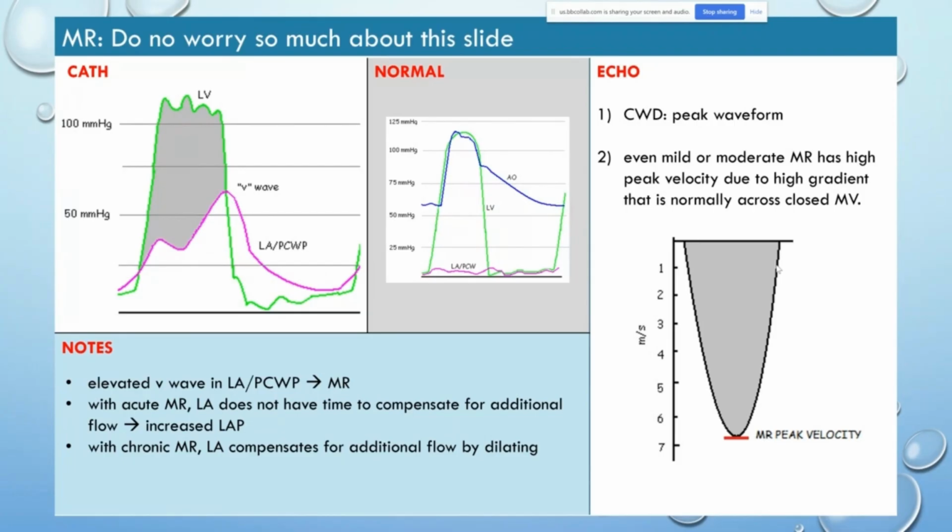Once they reach it, they're going to inflate that balloon, and wherever that balloon inflates and lodges, they're going to take the pressure there. You can't do this in echo. This has to be done in a cath lab. And that pressure is the pulmonary capillary wedge pressure, and it tells the doctor an indirect estimate of left atrial pressure.